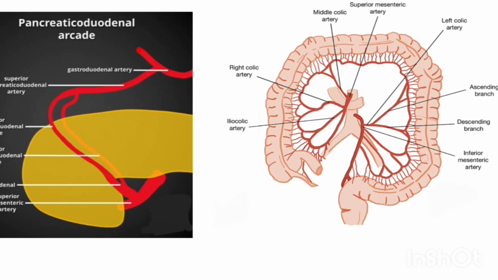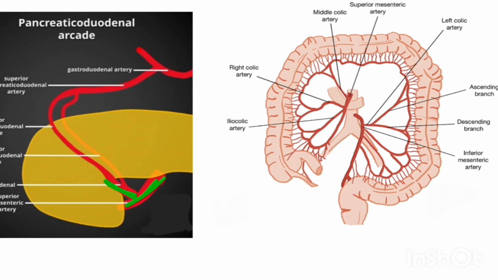Here you can see the superior mesenteric artery, and from the superior mesenteric artery, the first branch is the inferior pancreaticoduodenal artery.